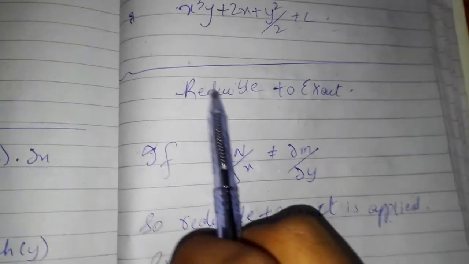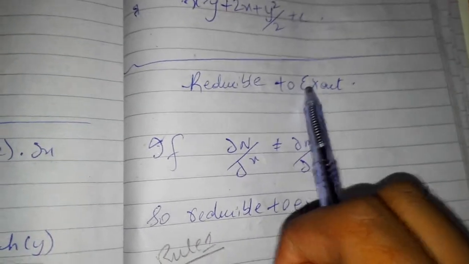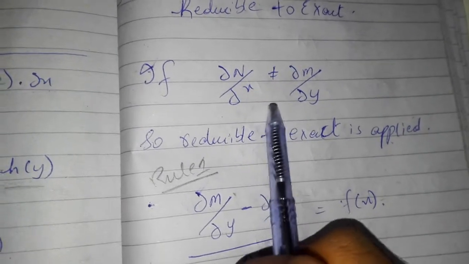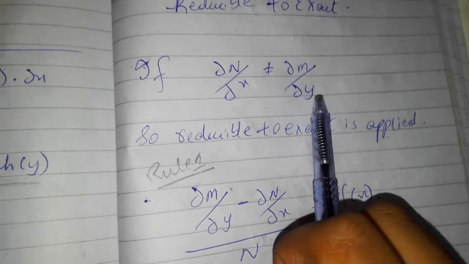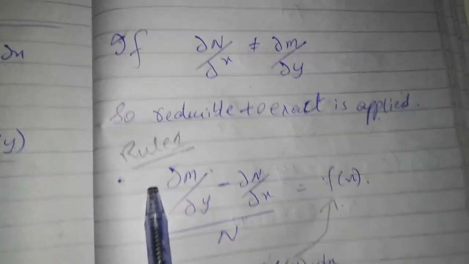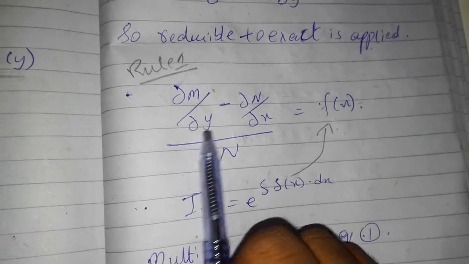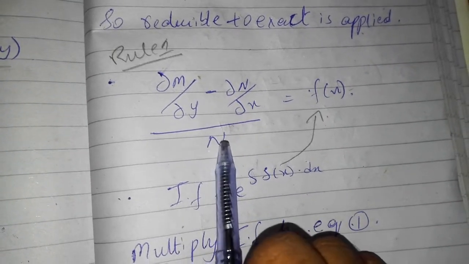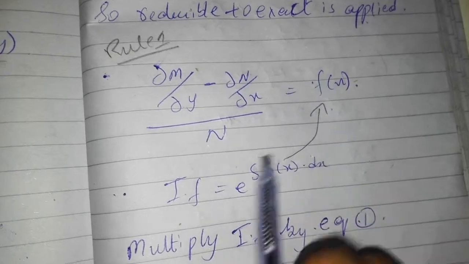In the second part, it is reducible to exact differential equations. If ∂N/∂x is not equal to ∂M/∂y, then reducible to exact is applied. Rule number 1: (∂M/∂y − ∂N/∂x)/N is equal to f(x).